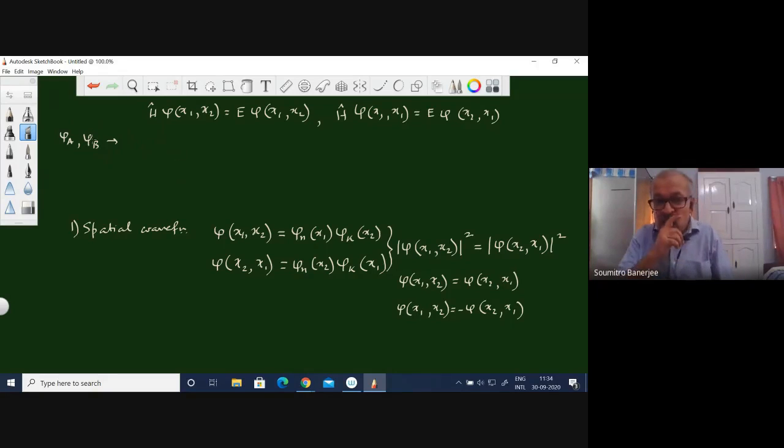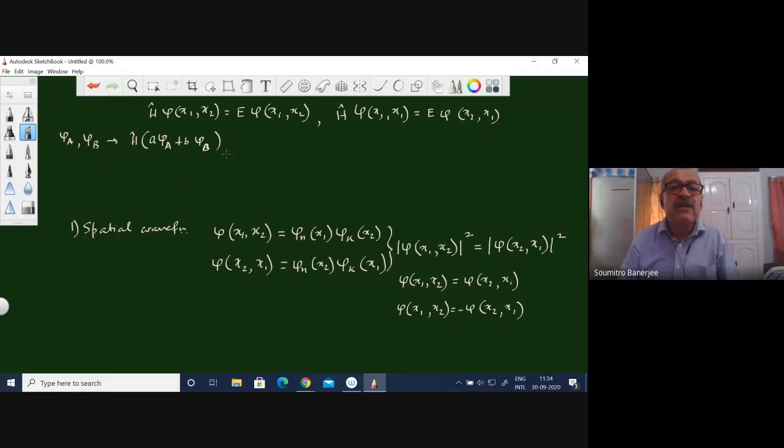So if that is true, then we can write the Hamiltonian operating on A psi A plus B psi B, this will be small psi, because these are the time independent eigenfunctions.